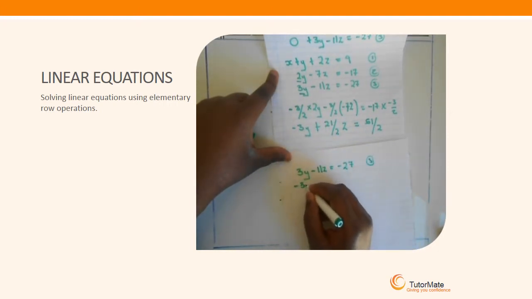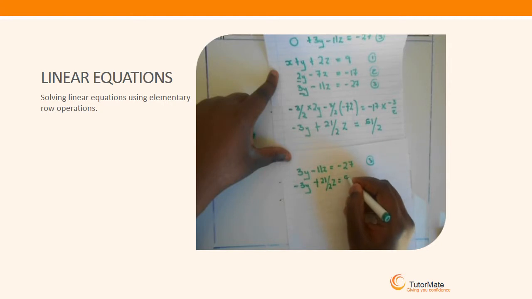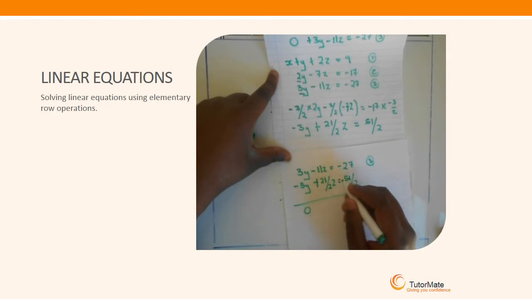Then this is minus 3y plus 21 over 2z is equals to 51 over 2. If you add these equations, you are going to get 0 for y, and minus 11 plus 21 over 2 for z.